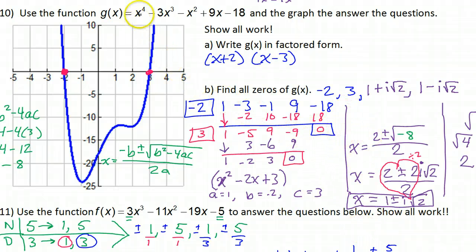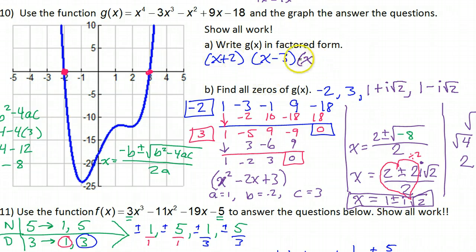It was a 4th degree, so I was expecting 4 zeros, and there they are: 1, 2, 3, 4. However, for factored form, we're not quite finished. This is clearly not enough; this would only be degree 2, and it should be degree 4. What's missing is this trinomial. Once we got x squared minus 2x plus 3, and we tried to factor it and found it couldn't factor, then this unfactorable trinomial is itself the final factor.